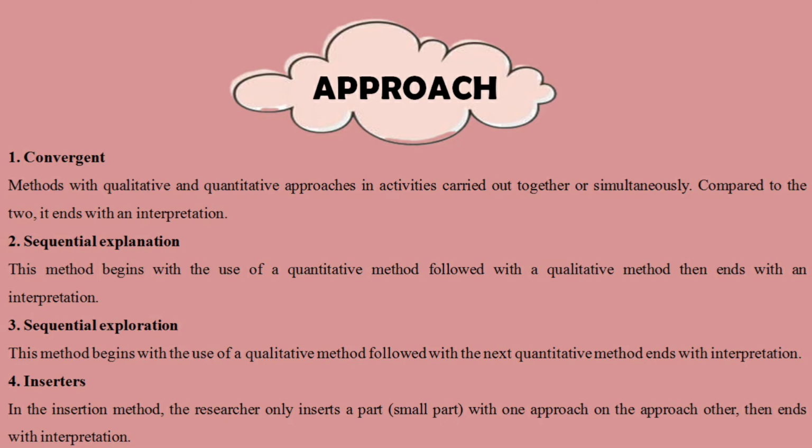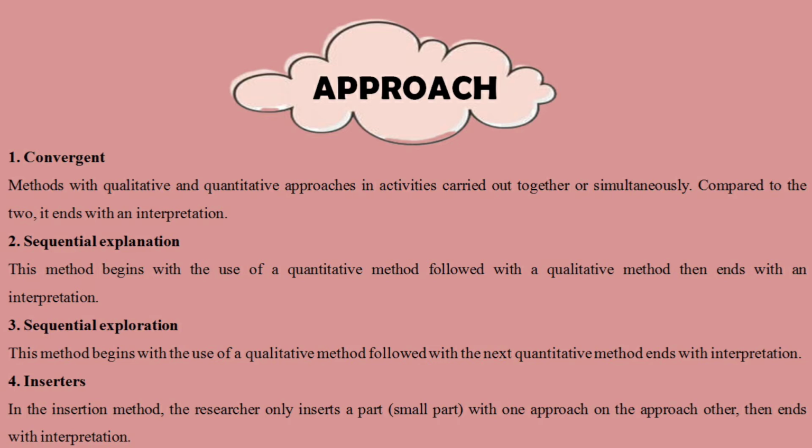This method begins with the use of quantitative methods, followed by qualitative methods, then ends with an interpretation. Third, sequential explorations. This method begins with the use of a qualitative method, followed by quantitative methods, and ends with interpretations.